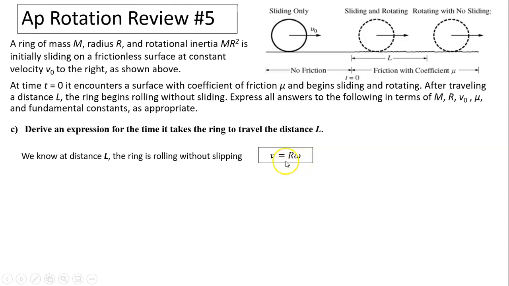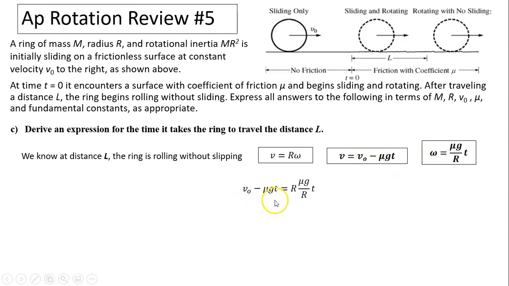We know what v is, and from the previous part we know what omega is. So we set up v equals r omega. The r cancels out. Rearranging, you have v0 minus mu g t equals mu g t. So t equals v0 divided by 2 mu g.